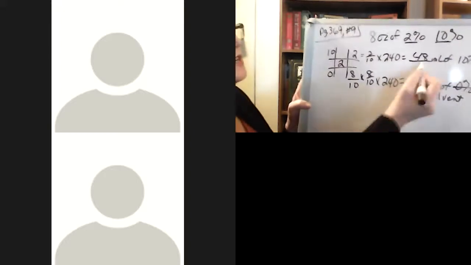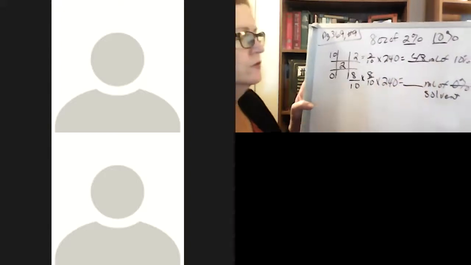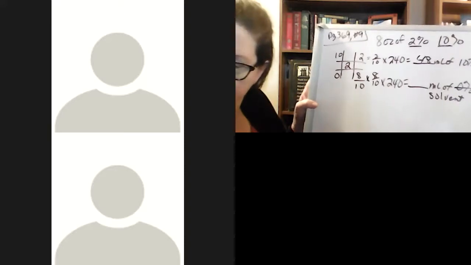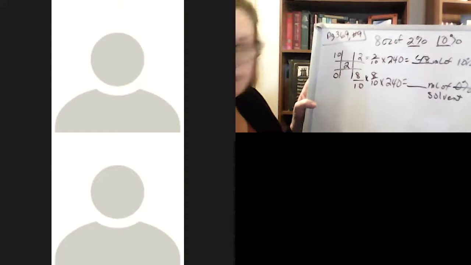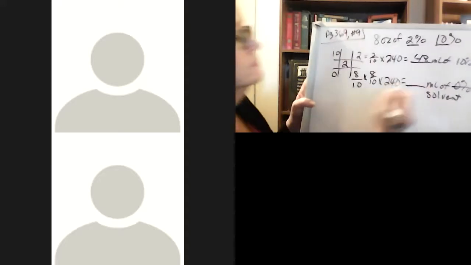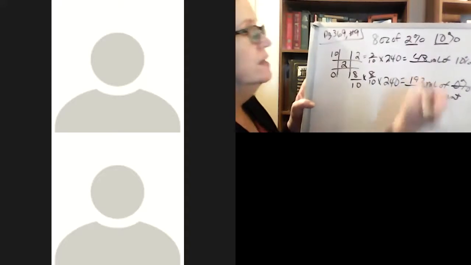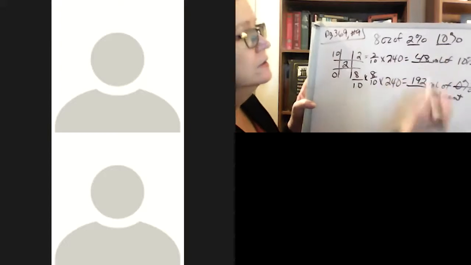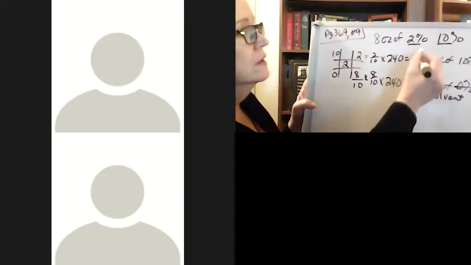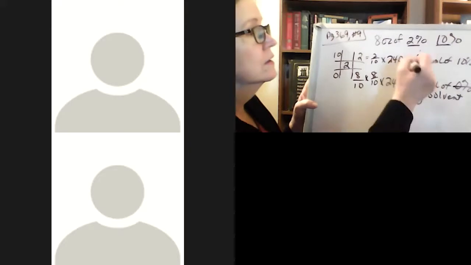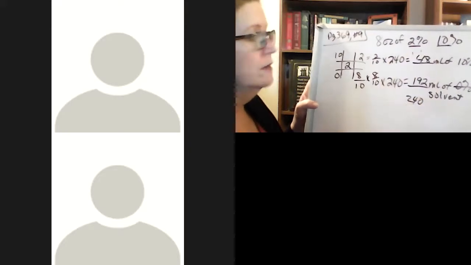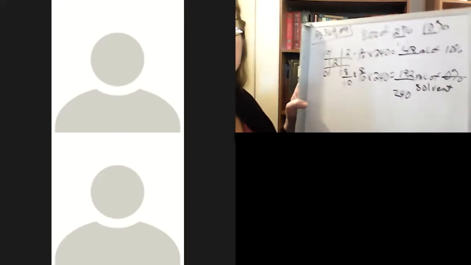Okay, but 48 and 16 won't equal 240. So what did I do wrong? Okay, so let's see here, times 240. Oh, 192. Yeah. That makes sense. Okay, now add these two together. And that's 240. Yep, so that equals 240.